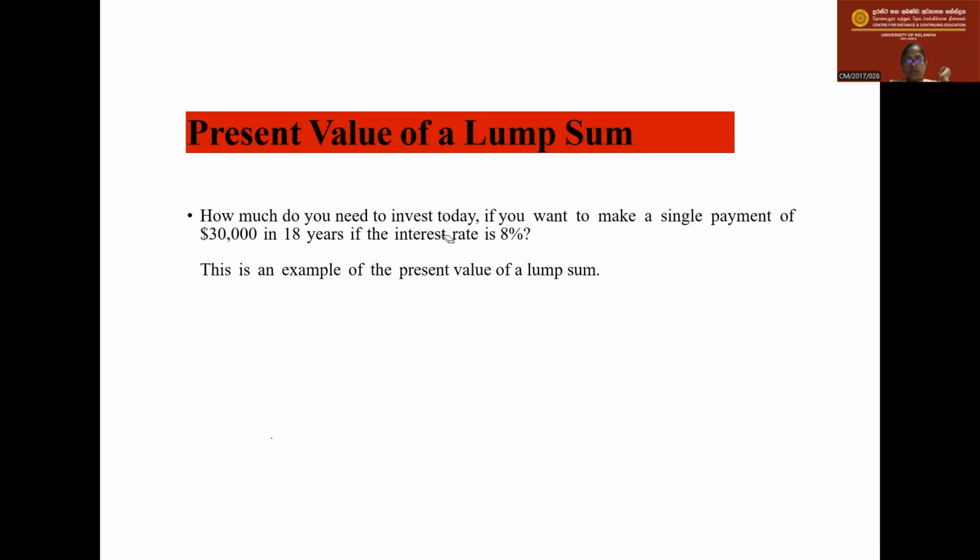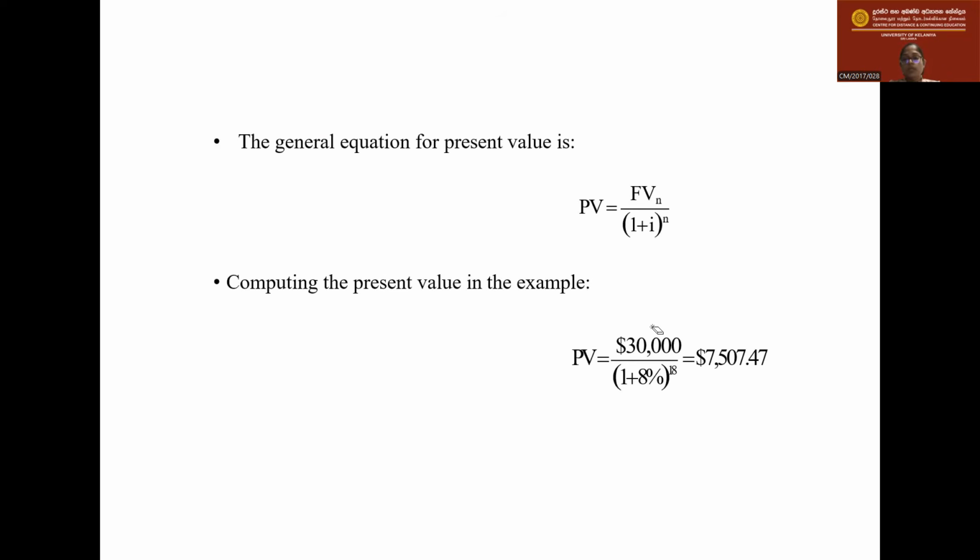And then here 8% is our r, right? Therefore, 30,000, our future value, divided by (1 + 8%) to the power of n, our 18, the number of years, right? Use your calculator and obtain the value. First, 1 plus 0.08, press equals, then you can get 1.08.